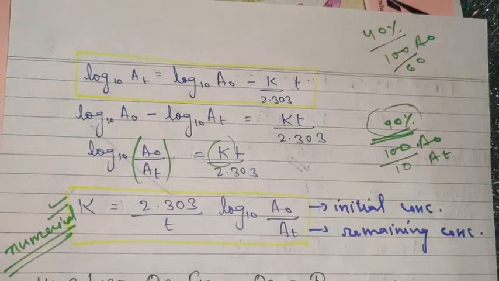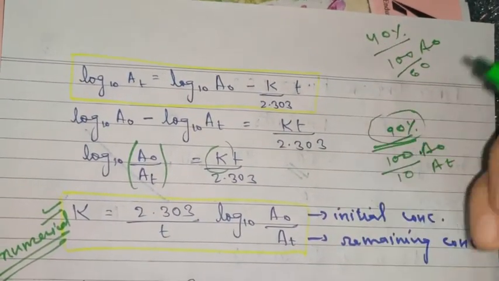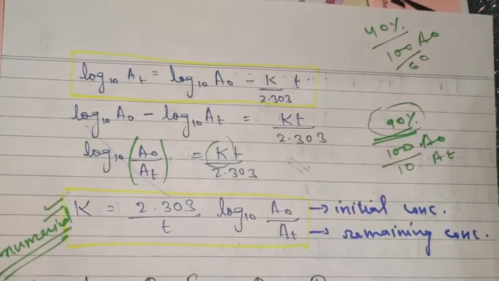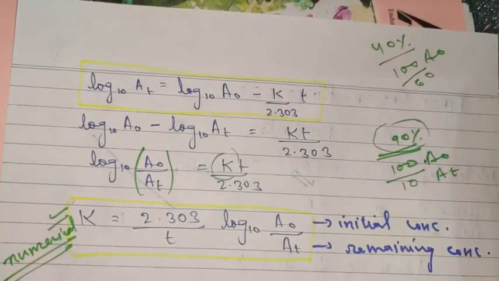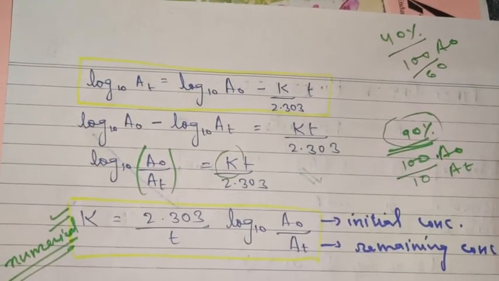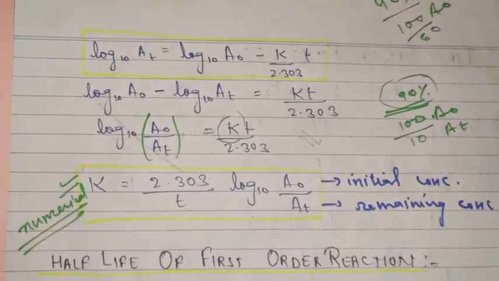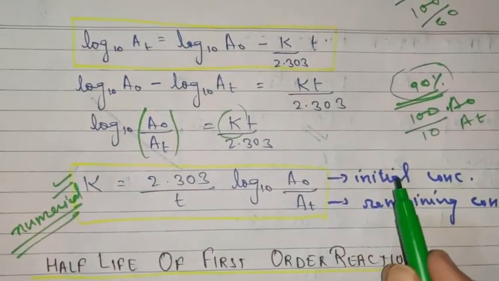Most of the time in the question you will see that the completion of the reaction is given in percentage form, that 99% reaction is complete, 20% is complete, 90% is complete. If I say 99%, that means A naught is 100 and [A]t will be 1. Is it clear? So [A]t is the remaining or leftover concentration and A naught is the initial concentration.